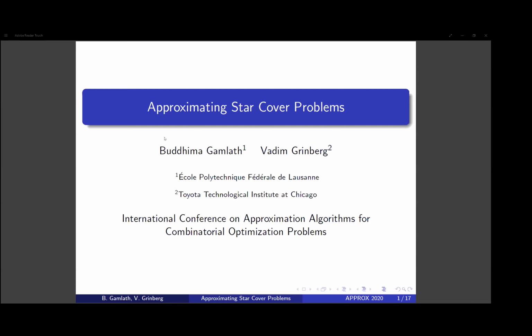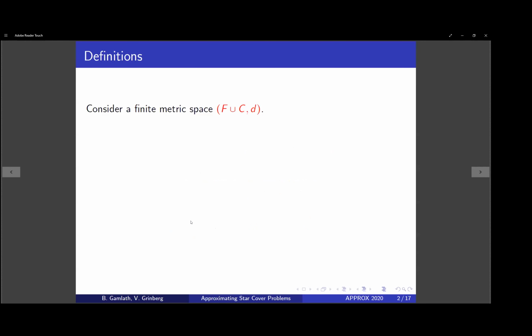Yeah, thank you. So, my name is Vadim, and I'm going to present our joint work with Vadim Agamlas from EPFL, approximating star cover problems. First, we need some definitions. We're considering a finite metric space F union C, where F is a facility set and C is a client set, and D is a distance function, which is a metric.